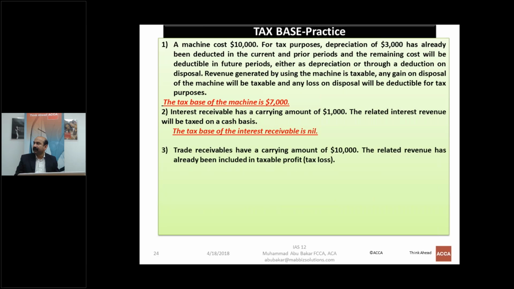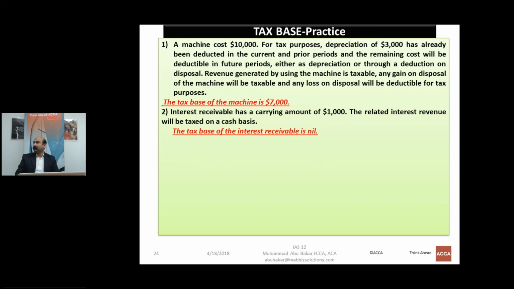Trade receivables have a carrying amount of 10,000. The related revenue has already been included in the taxable profit. So what is the tax base of this trade receivable? Related to this trade receivable is the revenue, and that revenue is already allowed by the taxation authority.